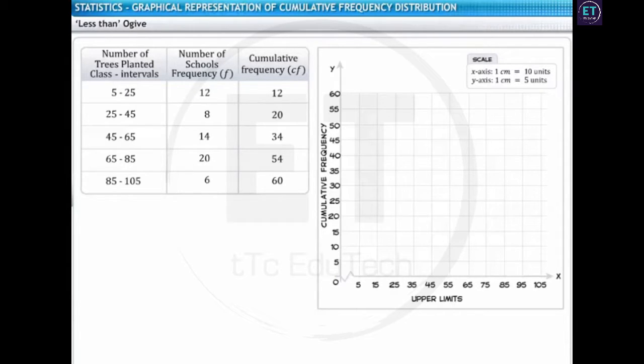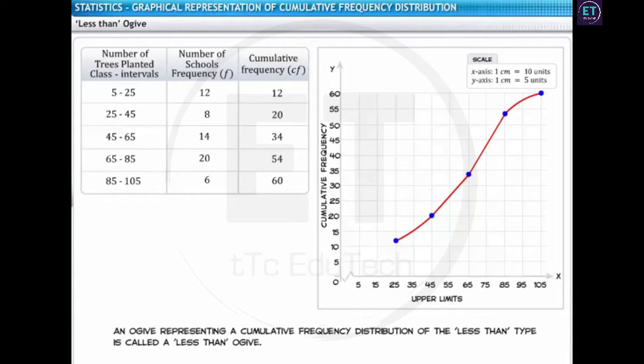For example, for the upper limit of 25, the cumulative frequency is 12. Similarly, we'll mark the points corresponding to cumulative frequencies of other upper limits of data. Finally, draw a smooth curve to join all the points marked on the graph. Here's the required ogive. It is an ogive of the less than type.